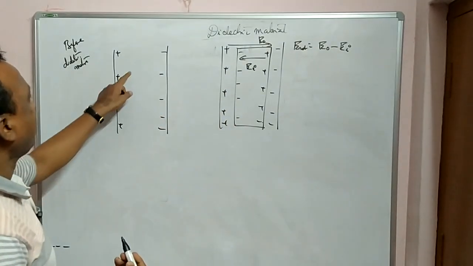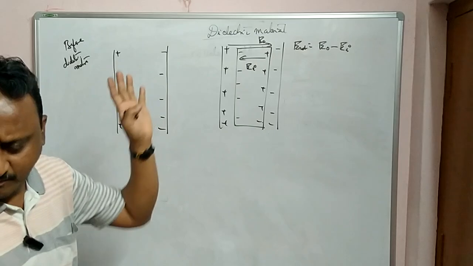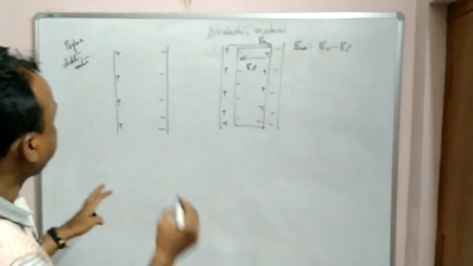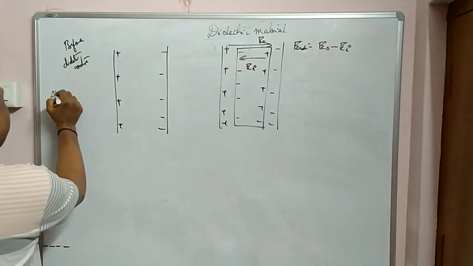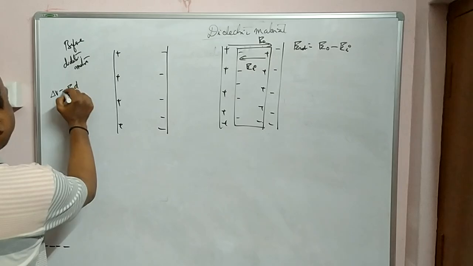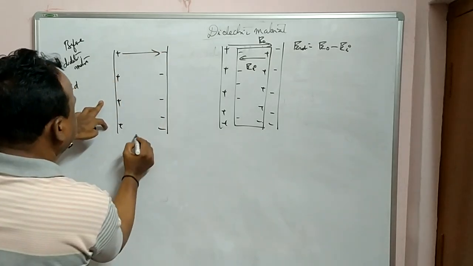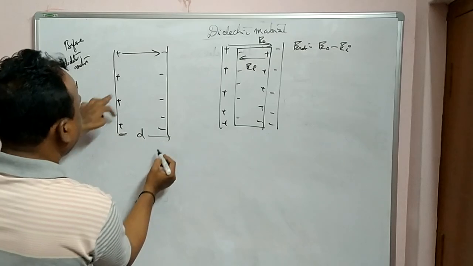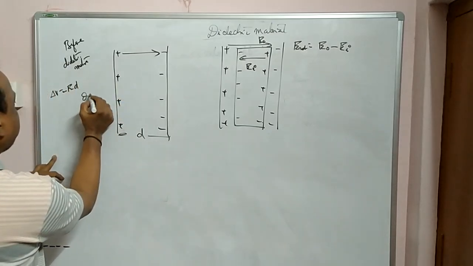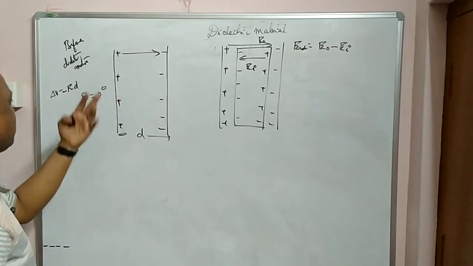Okay? Now here, before putting the plate, we'll see what happens. We already know what delta V is. Delta V is equal to E into D, and already you have seen this is the field direction and this is the distance D. Distance D and E are in the same direction, theta is equal to 0, so cos 0 is equal to 1.